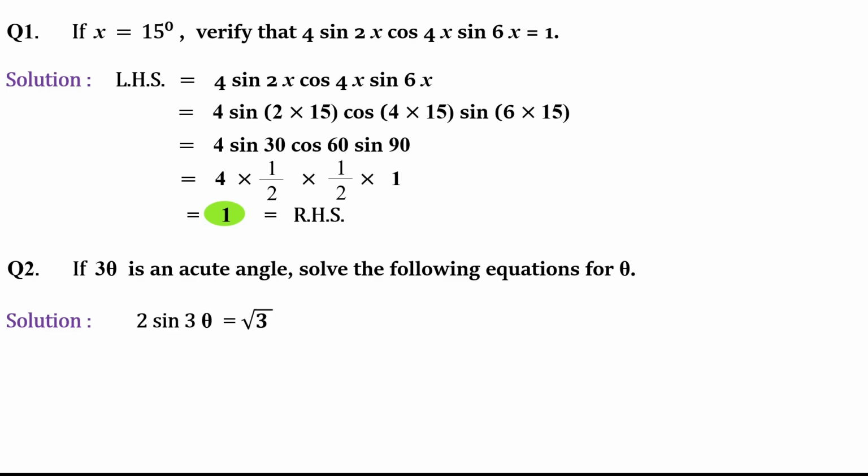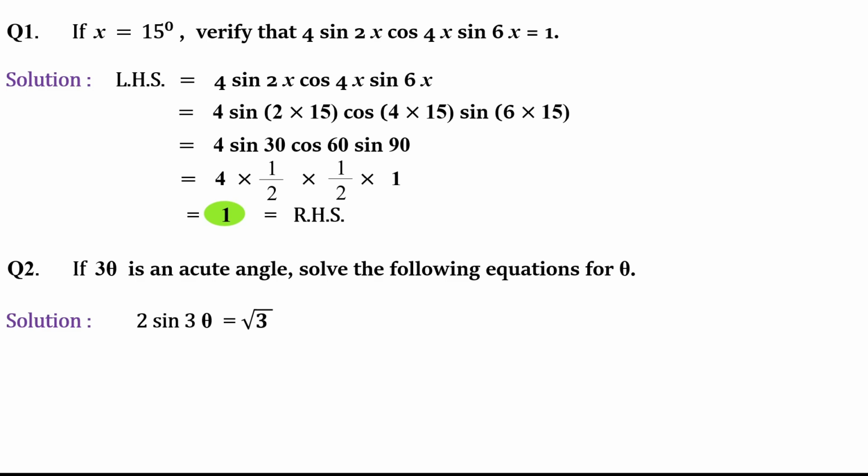Children, please remember, 3 theta is an angle, is an acute angle. As they have said, it's an acute angle, and it is connected with sine. Don't think of removing 3 from 3 theta. No, you cannot remove. Since 3 into theta is an angle, it will be with sine. They are inseparable. You can remove from 2 sine 3 theta only 2.